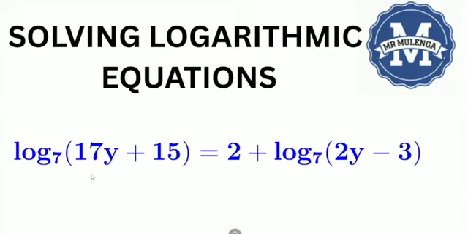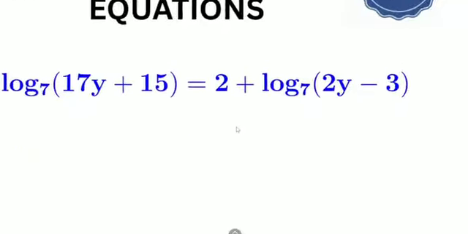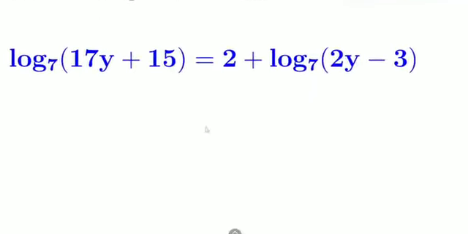To find the value of y, we can notice that on the left hand side the base of the log is 7, and on the right hand side the base of the log is 7. So what we are going to do is group these logs that have the same bases. We are going to write log in base 7 of (17y + 15).